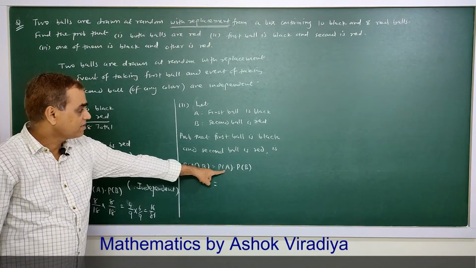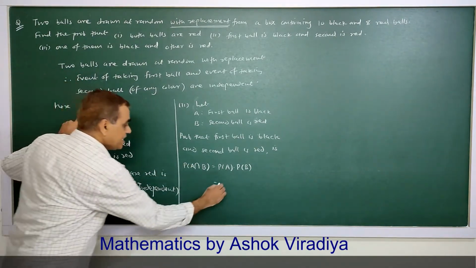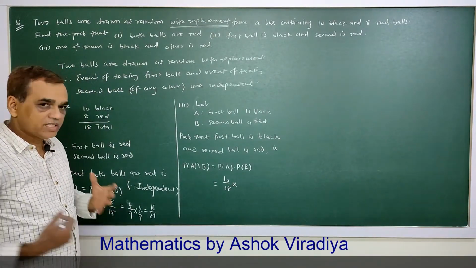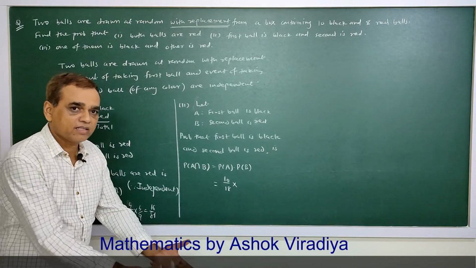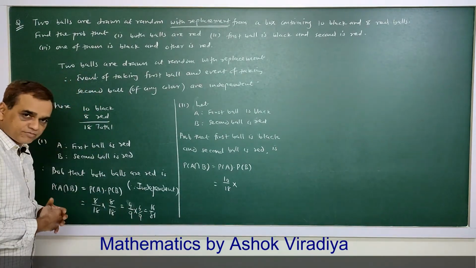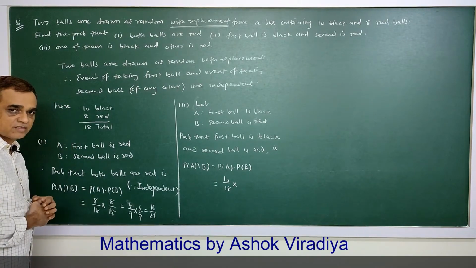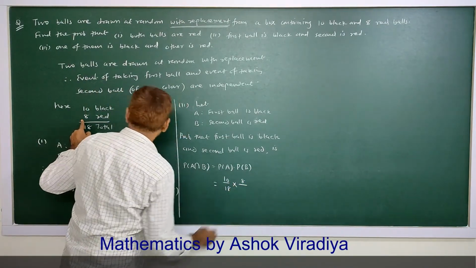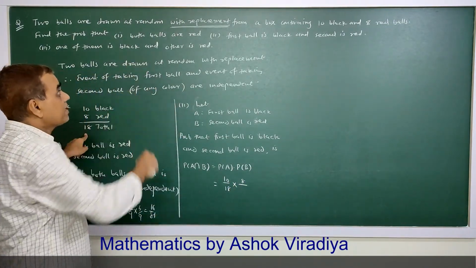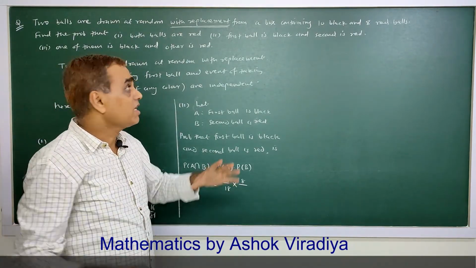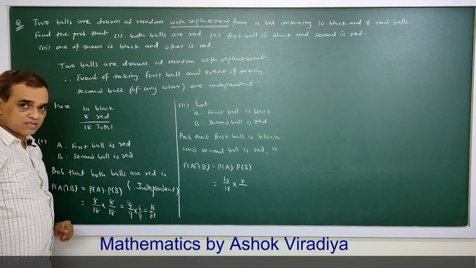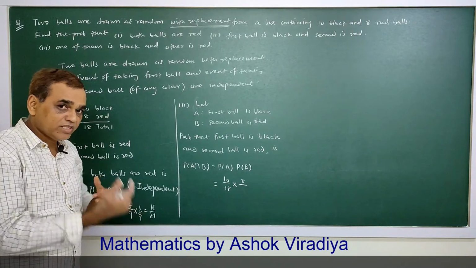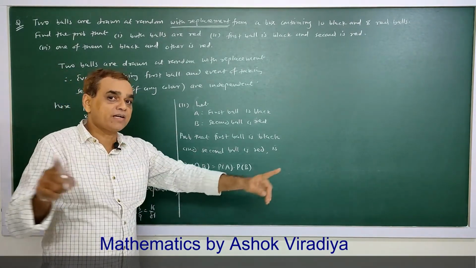Now black, there are 10, so 10C1 upon 18C1. Black ball is selected, now put back in the box, so again status is the same, total 18. Now second time red ball, so 8, total is the same because with replacement. If this question were given without replacement, take the first ball, don't put back, in that case events are not independent.